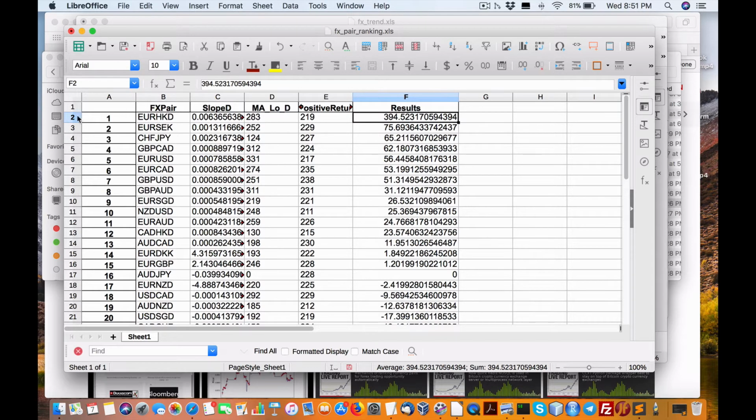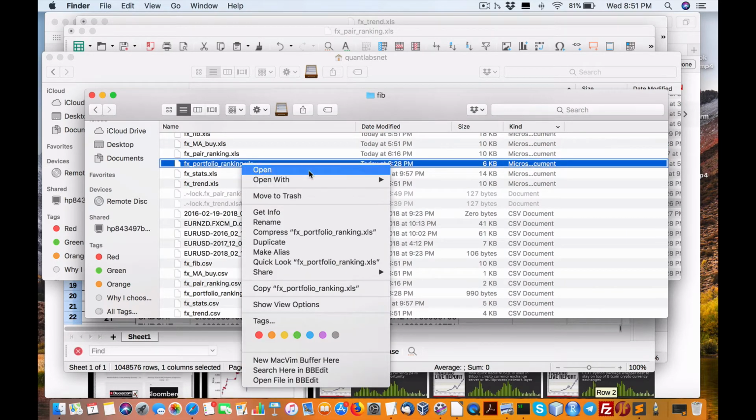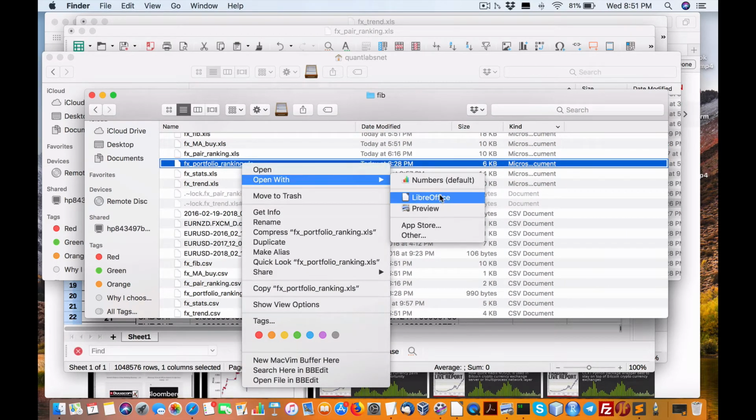So obviously you want to put quite a bit of capital into this pair here, the Euro Hong Kong dollar, based upon the trends that you're seeing, be it the slope, be it the moving averages, be it the positive versus negative returns on a daily move over 500 days. So what I've done from there is that I'm able to rank the portfolio for the next day trading.